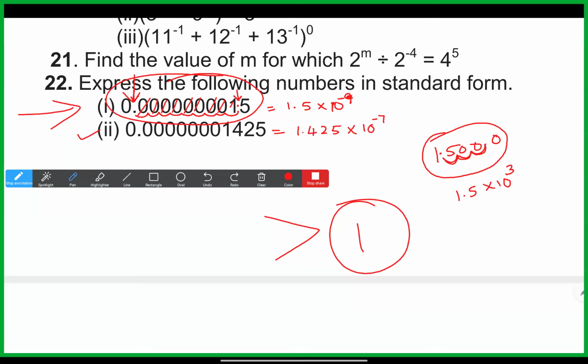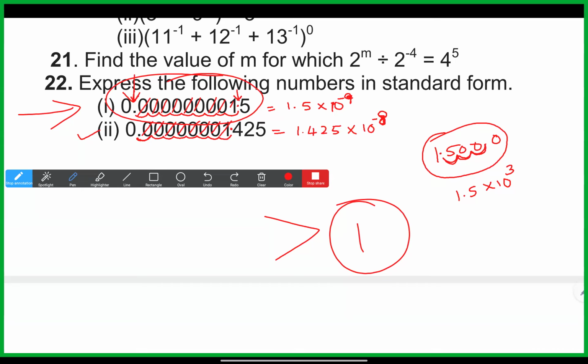Let's count the places from here. 1, 2, 3, 4, 5, 6, 7, 8. From the existing decimal place, so it is minus 8. Until where? Until before the decimal there is one non-zero digit.